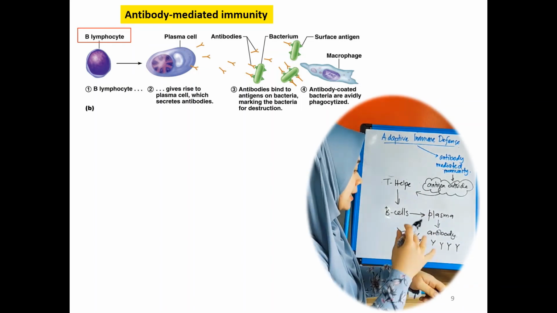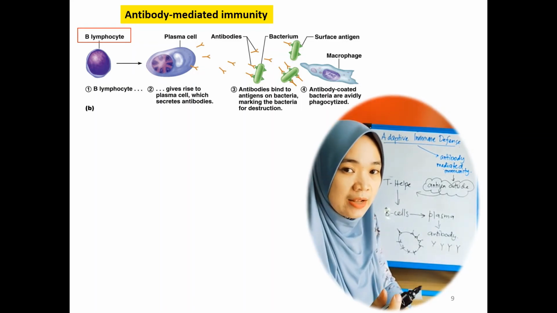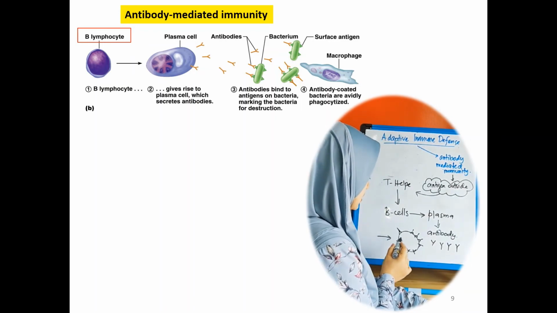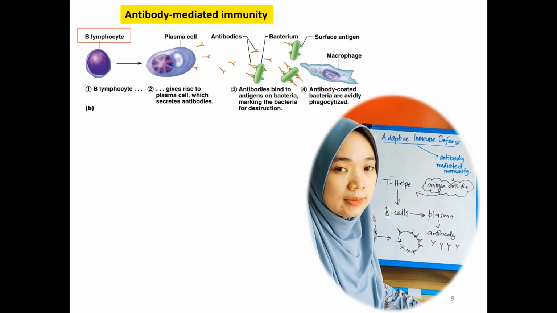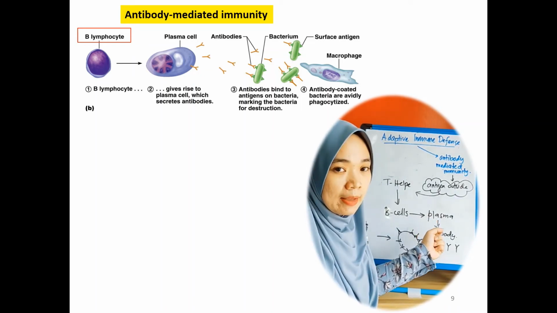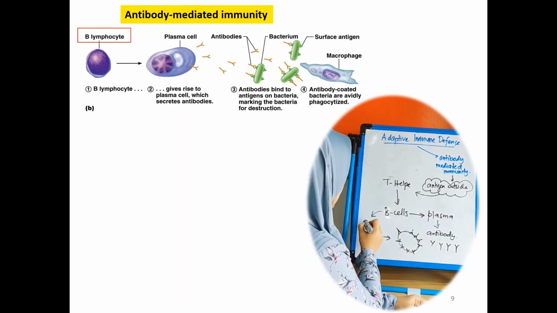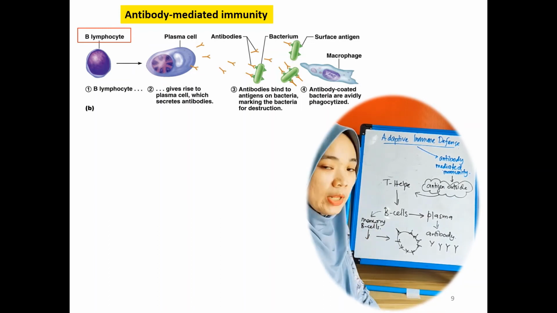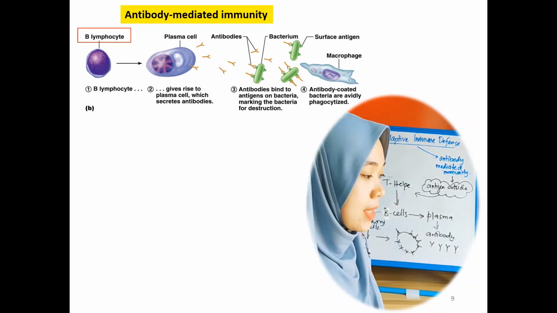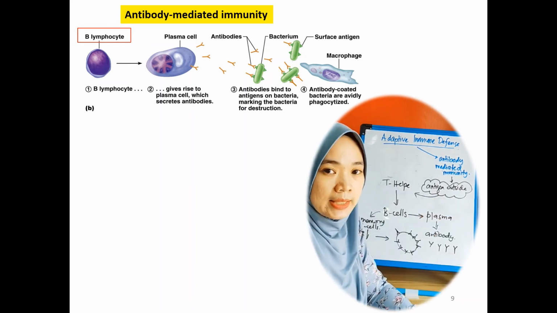So the other lymphocytes, such as macrophages or natural killer cells, when they see this clumping of antigen, will immediately kill them. And at the same time, when the B cell activates plasma cells, memory B cells are also activated, so that they will produce B cells that will later recognize this type of antigen.